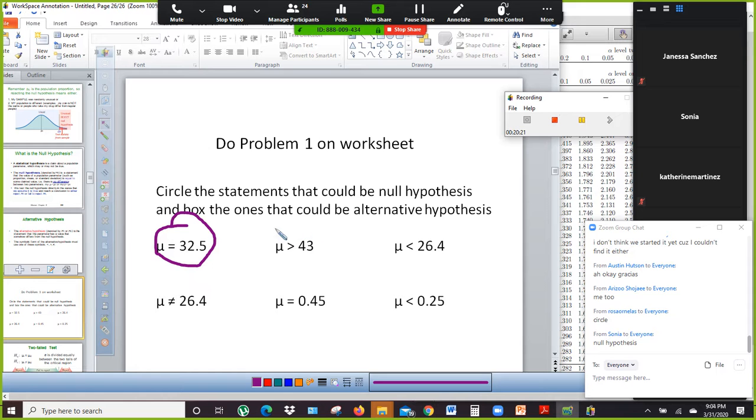Kat, can you do this next one here? The second one. Catherine, Kat Martinez, are you still with us? Yeah, it is alternative. Correct. Good. And then the next one, Janessa.